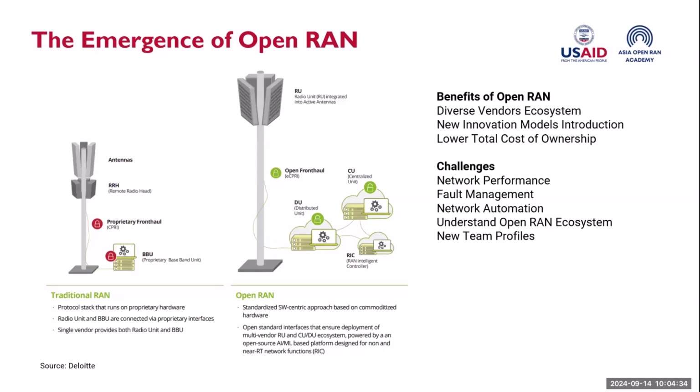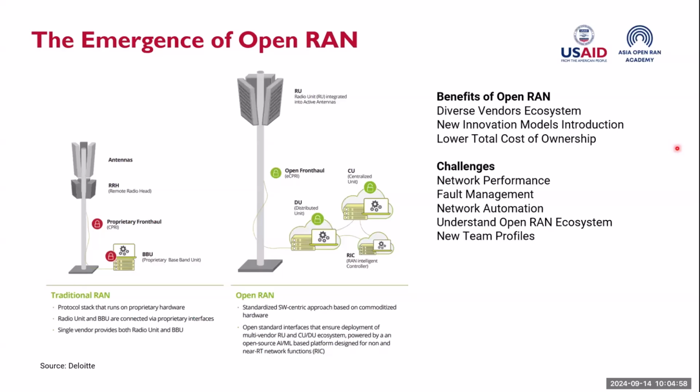And then faster network deployments. Kasi sa automation, Dish, for example, they mentioned, if I'm not mistaken, they can deploy one cell site per minute. Okay, so ganun sila kabilis mag-deploy ng cell site. And centralized radio architecture. And they also have the introduction of new innovation models.